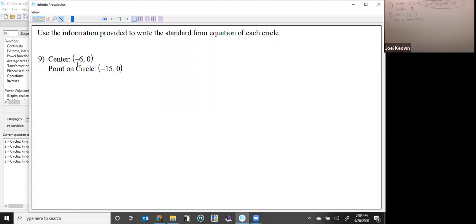Now there is a shortcut way that works for number 9. However, that shortcut wouldn't work for the following two problems I'm going to let you try, so I'm going to do the long method for number 9 because that's what you're going to have to do for 10, 11. But then I'll go back and show you.